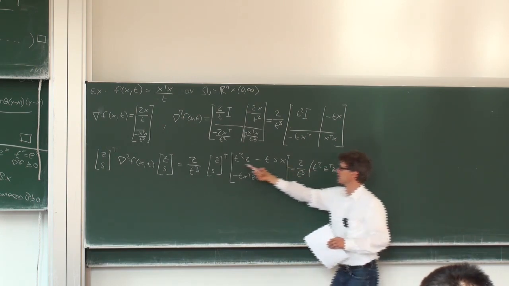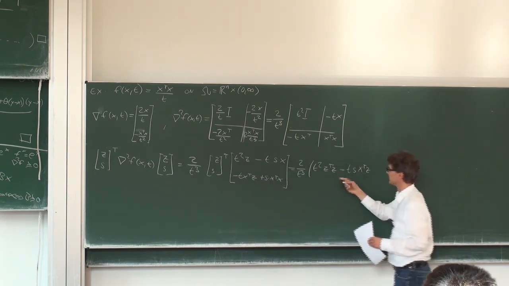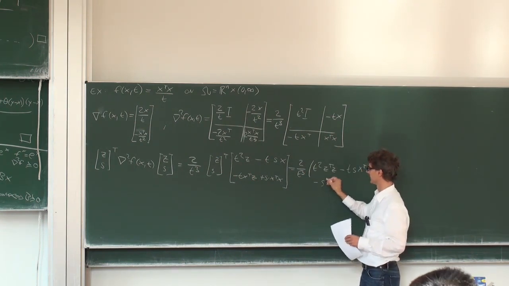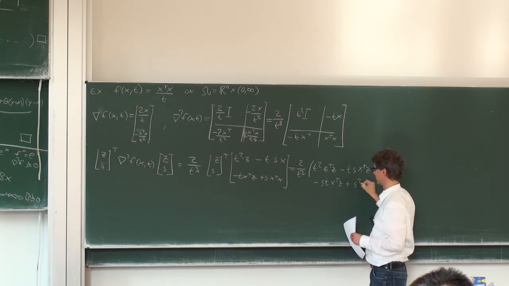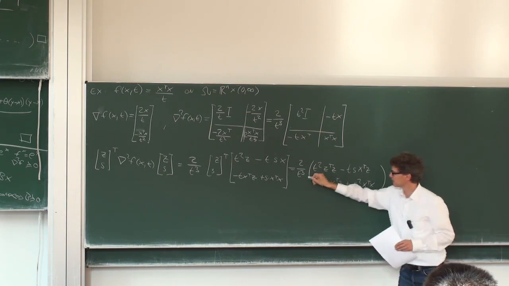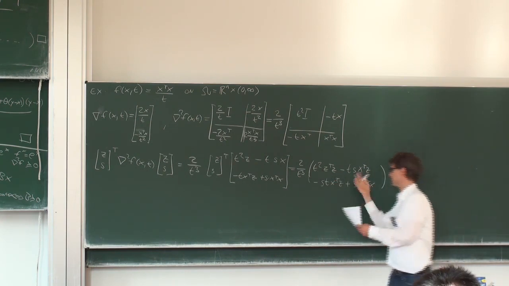So that's what we get from this product here. And then we take the product of this with this, and we get minus s t x transpose z plus s squared x transpose x. And these are all terms.